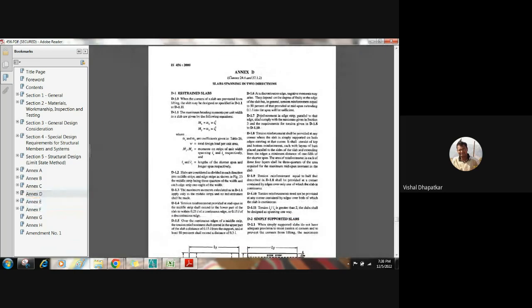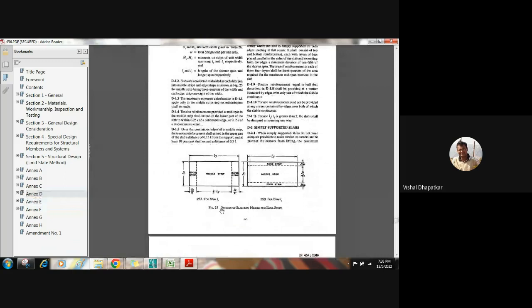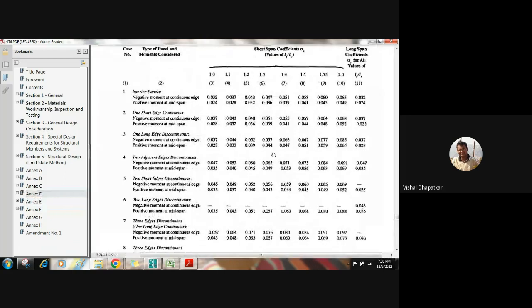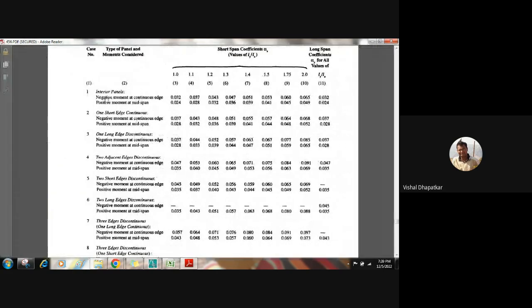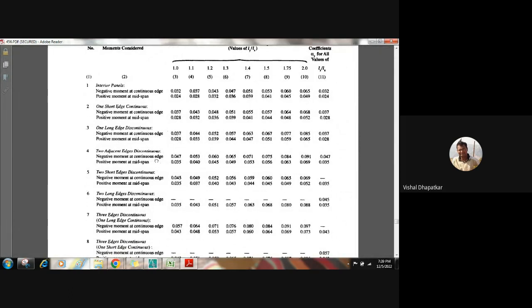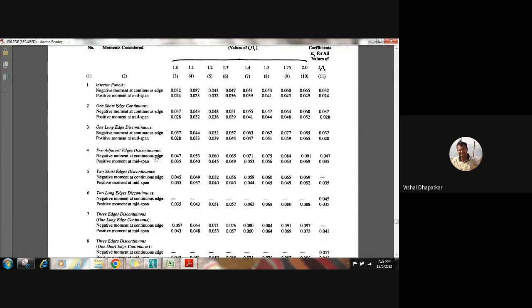Slab spanning in two directions, right? Yes sir. So here they have this concept. Interior panel, one short edge continuous, one long edge discontinuous, two adjacent edges discontinuous, right? Then two long edges discontinuous. So in our case, what is the condition now?